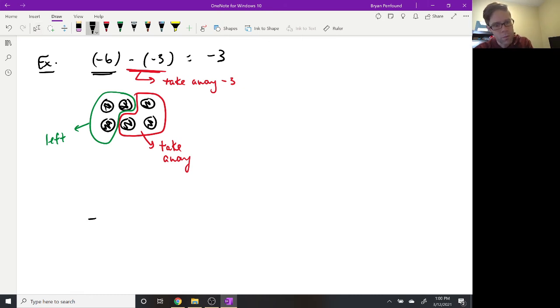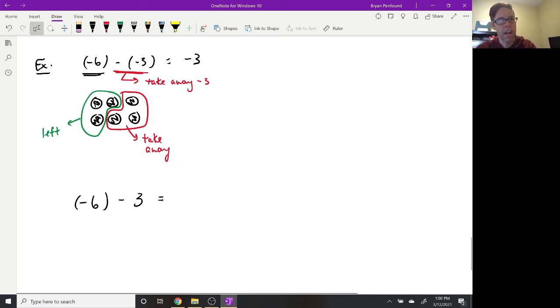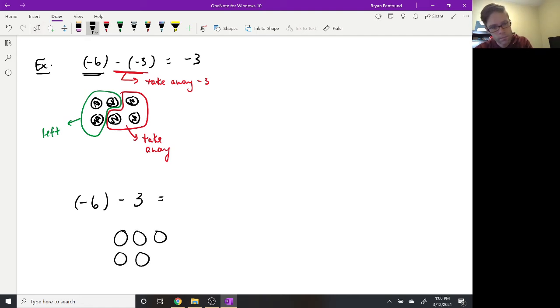What happens if we have something that looks like this, though? What if we have -6 take away +3? I think this is an interesting one to compare and contrast. Okay, so what this is saying is start out by modeling our -6.